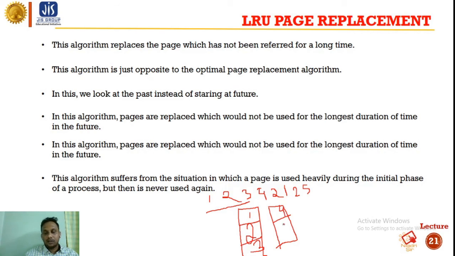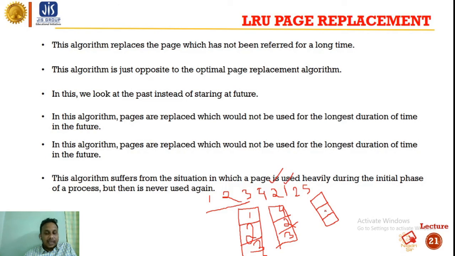This is 4, then 2. Then this 2: 2 is already available here, so there is no page fault. Then this 1. As we can see, if it were first in first out, then 2 would be replaced with 1.